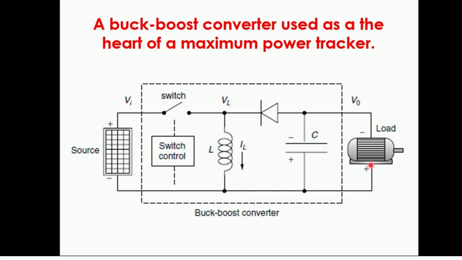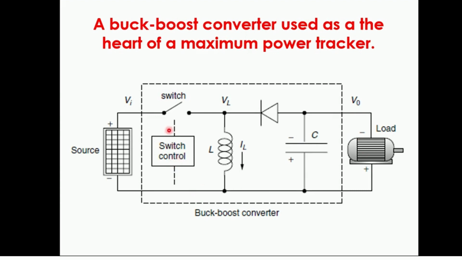And this can happen with a very high switching frequency to avoid interruption of the power at the load end. So this is the concept of control, that is how we can control the switch.